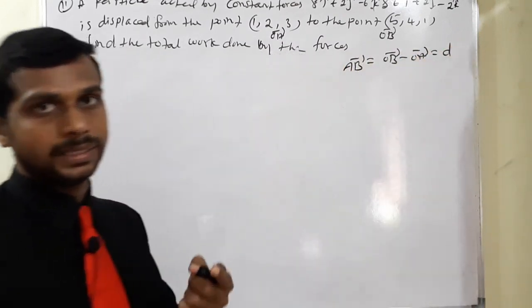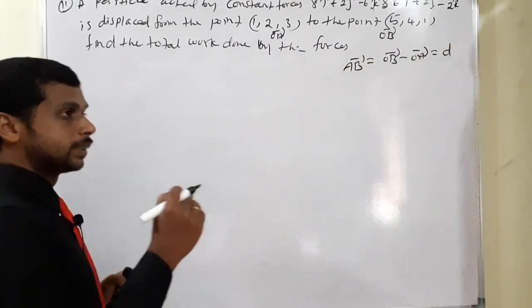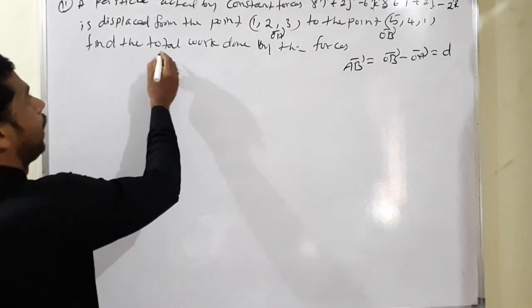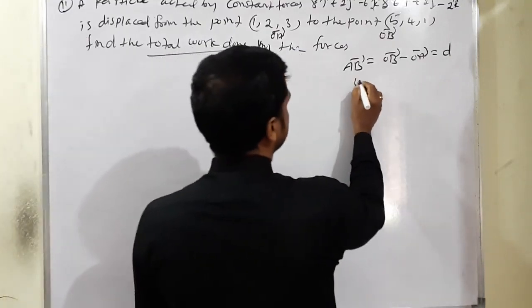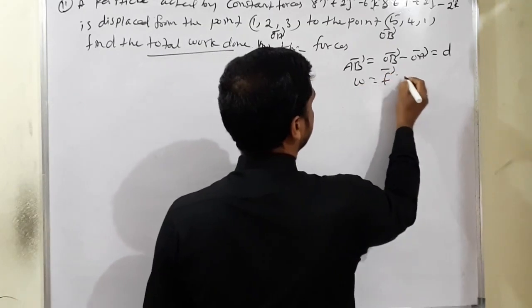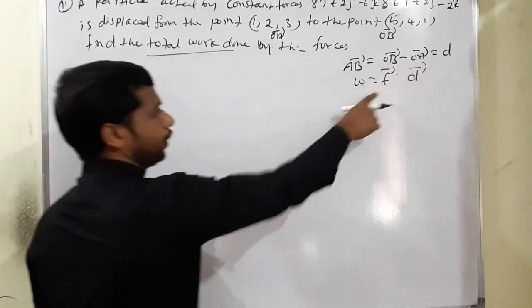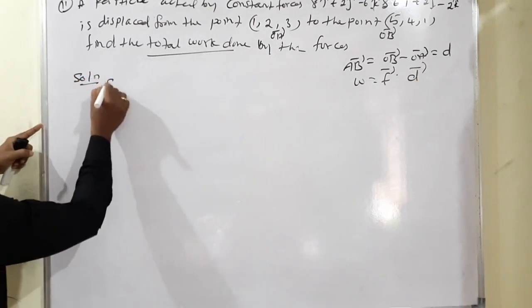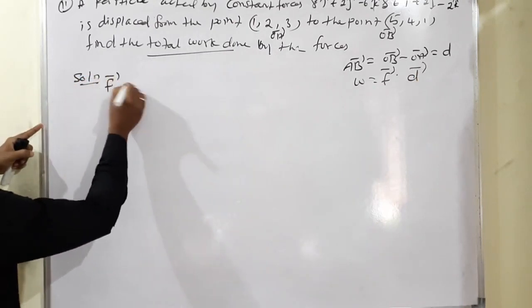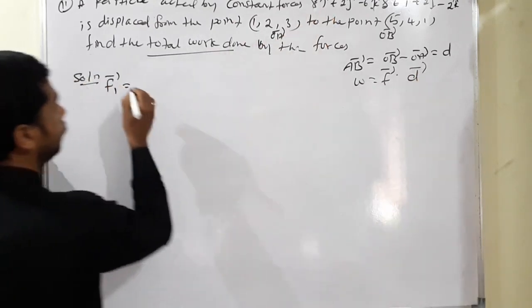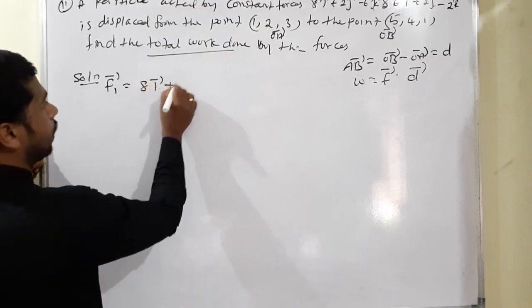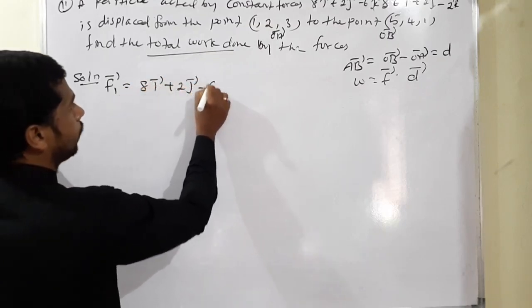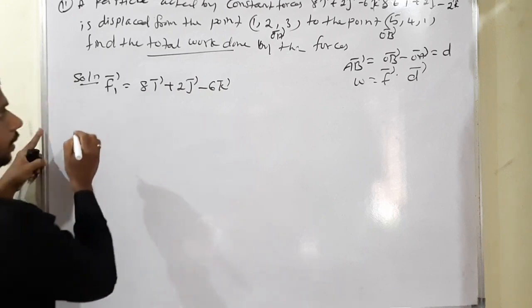D means displacement. Then after getting displacement and force, we apply total work done. So the work done formula is F vector dot D vector. First we need to find the F vector. F1 vector is equal to 8i vector plus 2j vector minus 6k vector.